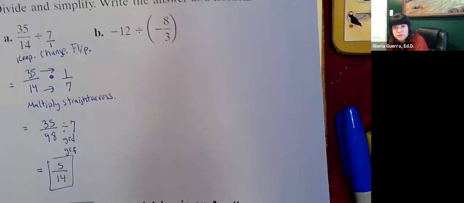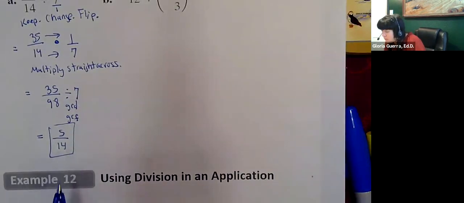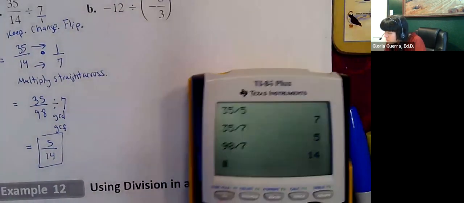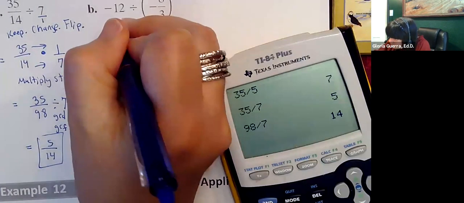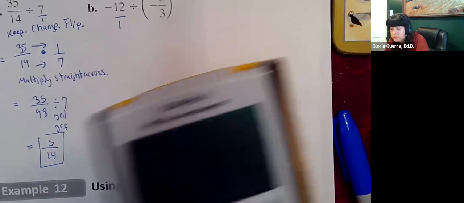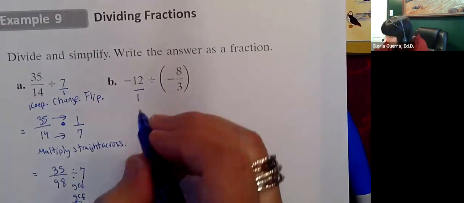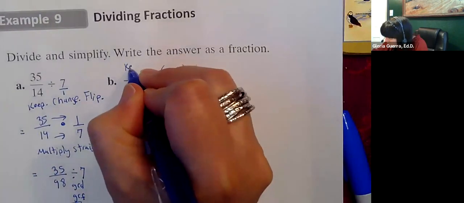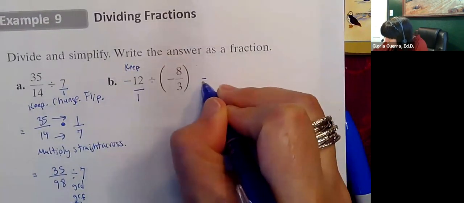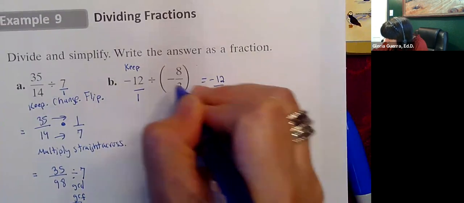I'm not going to put the decimal equivalents on that. Okay, and then B, I'm going to write this over 1. So this is keep, change, flip, right? Keep that as negative 12 over 1.